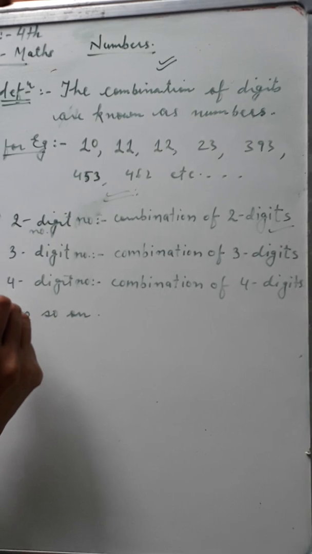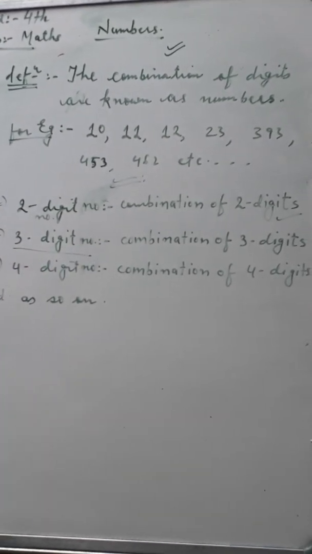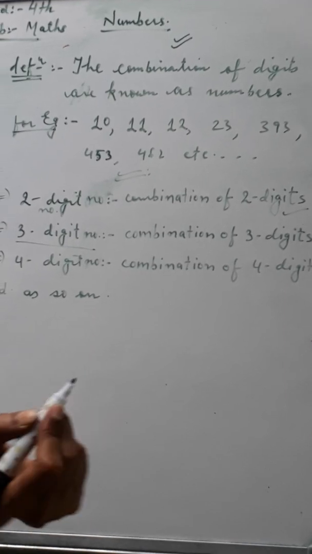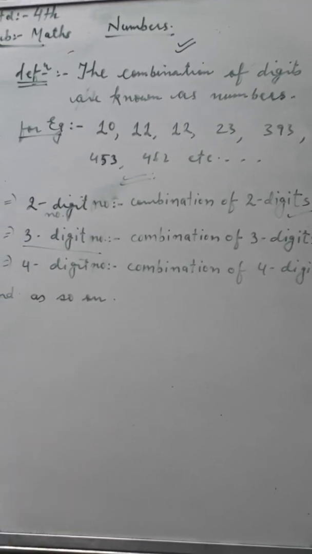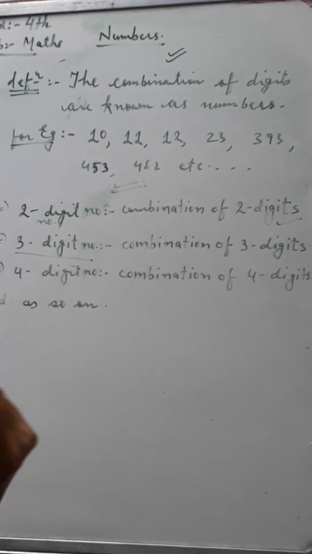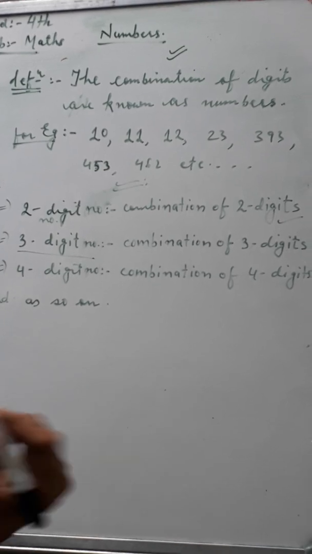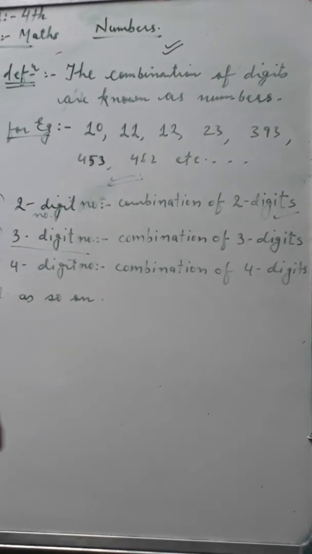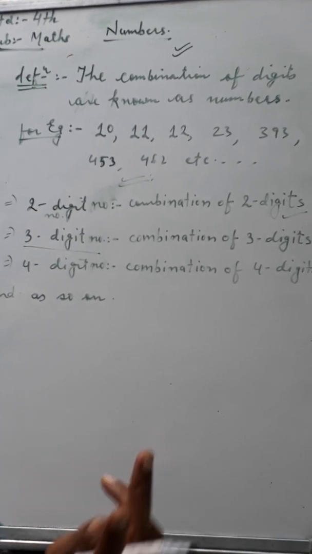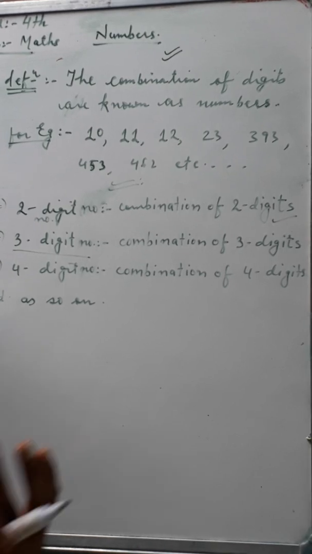When we move to the 3-digit number, the combination of 3 digits is known as a 3-digit number. Then we move to the 4-digit, the 5-digit, the 6-digit. When the topic says 4-digit number, we combine 4 digits to get a 4-digit number.